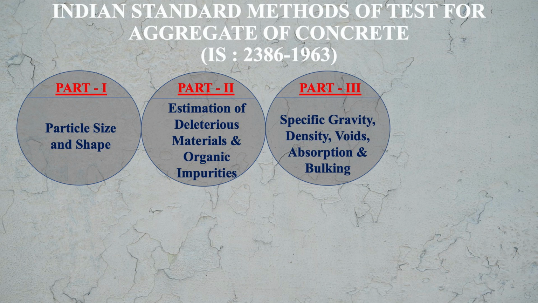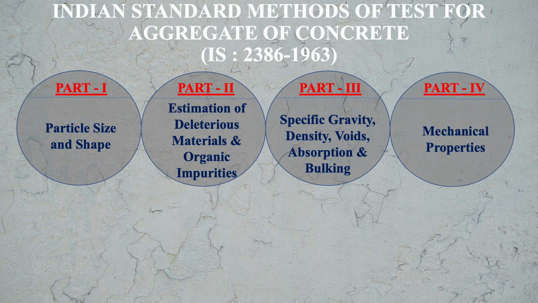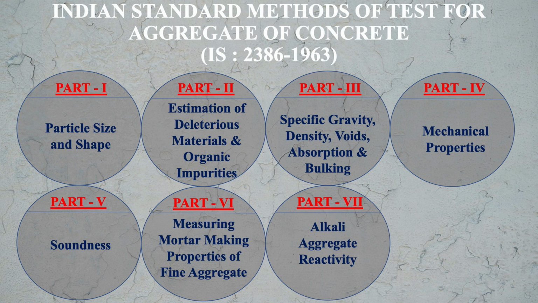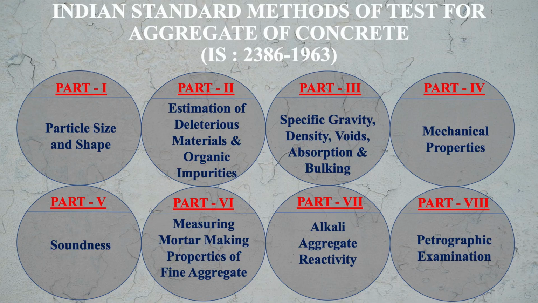Part 4 deals with mechanical properties. Part 5 deals with soundness. Part 6 deals with measuring mortar making properties of fine aggregates. And Part 7 deals with the alkali aggregate reactivity. And Part 8 deals with petrographic examination.